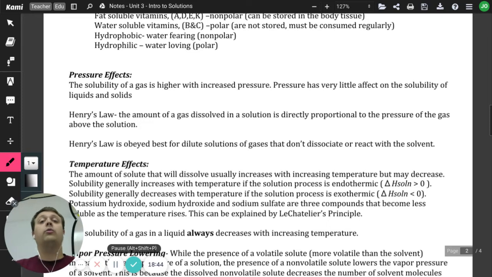As a result, there's going to be more solute-solvent contact, and if there's more contact, it's more likely for them to go through the dissolving process. Okay? Now, Henry's law essentially just says the amount of gas dissolved in a solution is directly proportional to the pressure. So if I keep increasing the pressure, I'm going to be able to keep increasing the amount of gas that can be dissolved. Okay?